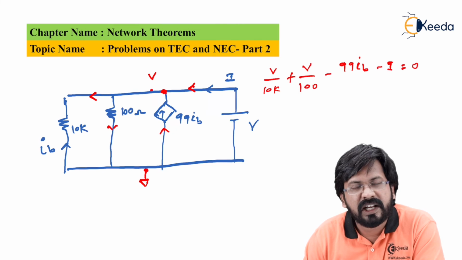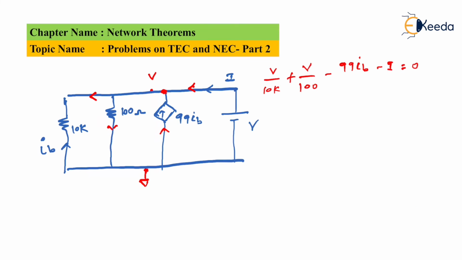Please remember, our ultimate aim is to take a ratio of V by I. Once I get the ratio of V by I, the numerical value which remains on the right-hand side will automatically become RTH. So by taking V together, I'll get V in bracket, 1 upon 10k plus 1 upon 100, minus 99 times IB equal to I.